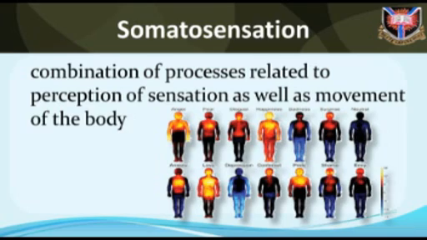Somatosensation refers to a combination of processes related to perception of sensation as well as movements of the body. Mammalian skin has a series of sensory receptors located peripherally in various parts of the body, with the ability to respond to a variety of sensory stimuli.